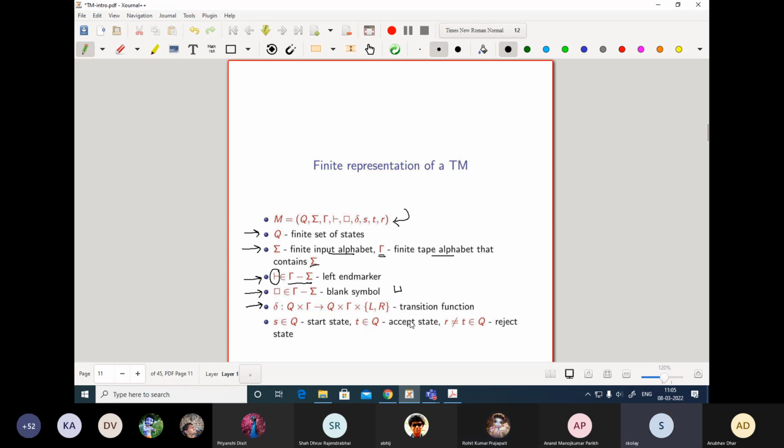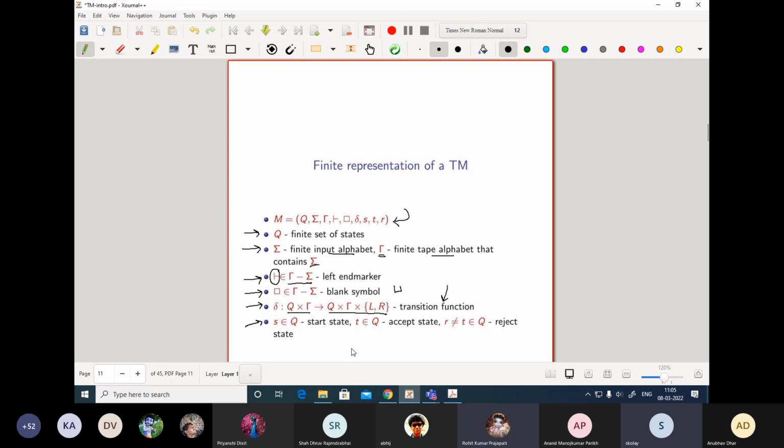Then you have a transition function, which is defined on Q cross sigma. Notice that both Q and sigma are finite sets, and the output is a tuple belonging to Q cross sigma cross {L, R}. Again, this is a finite set, so you can finitely define this transition function.